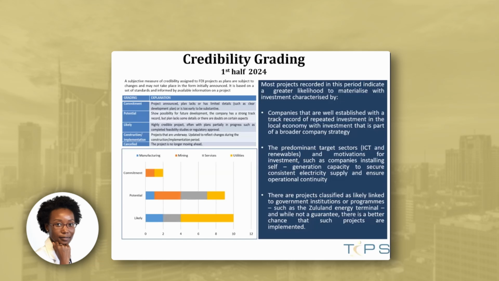The sectors that they are targeting, such as ICT with the data centers and renewables for self-generation, tend to have a high degree of projects that come to fruition, and those that are related to government programs, such as the Battery Energy Initiative and the Zululand Energy Terminal, are also generally most likely to materialize.